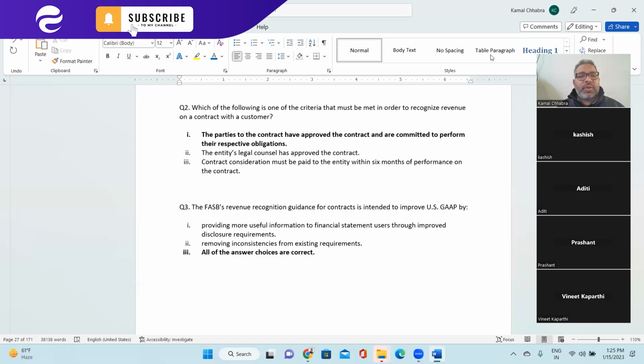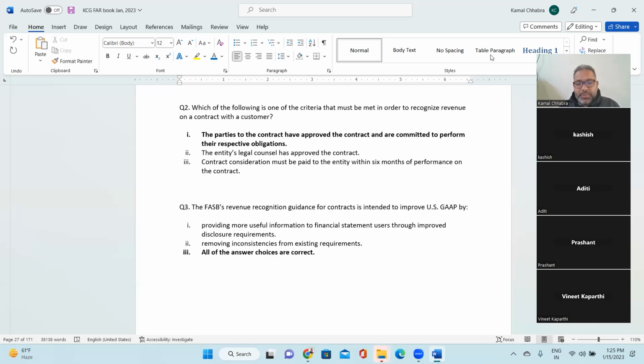Yes, sir. Okay, so last question of the day. The FASB revenue recognition guidance for the contract is intended to improve US GAAP by providing more useful information to the financial statement user through improved disclosure requirements, removing inconsistency from the existing requirements. What is the objective basically?